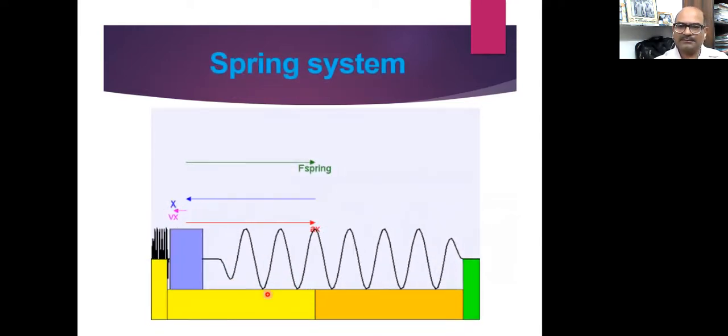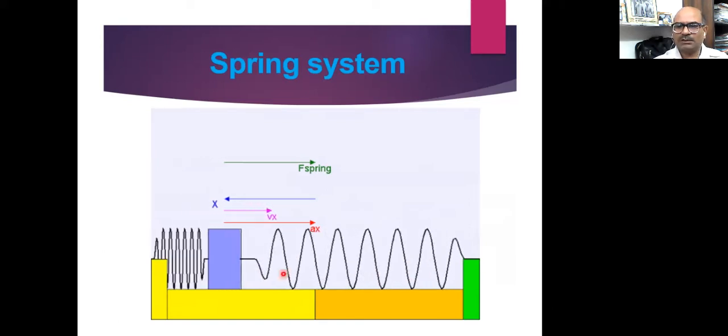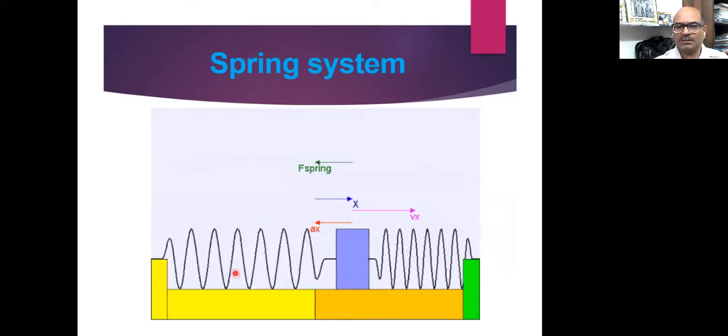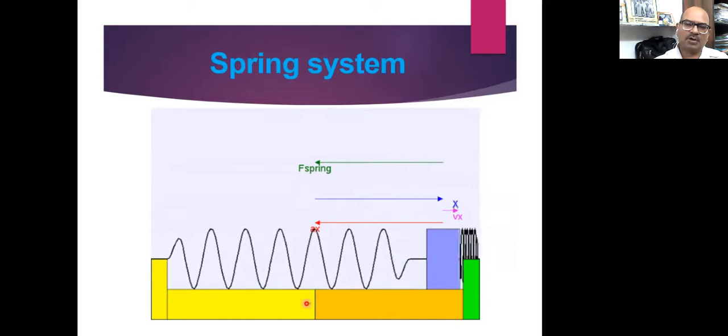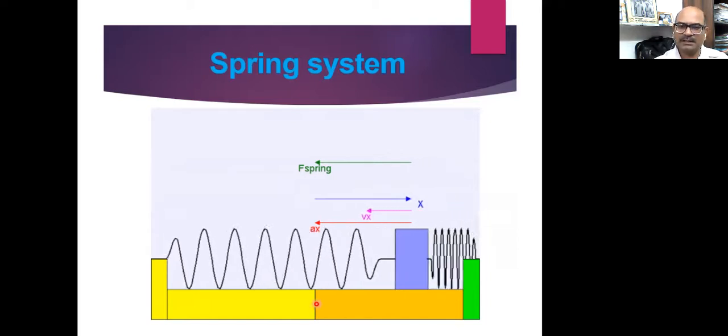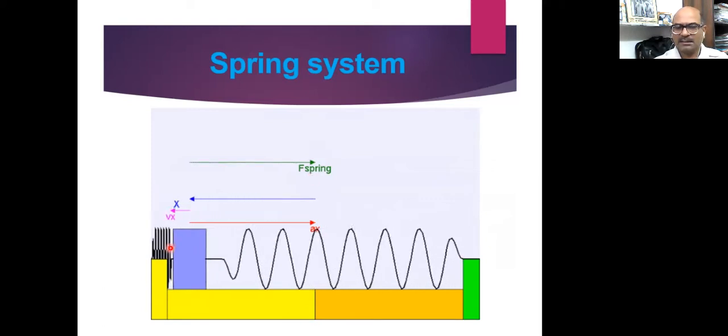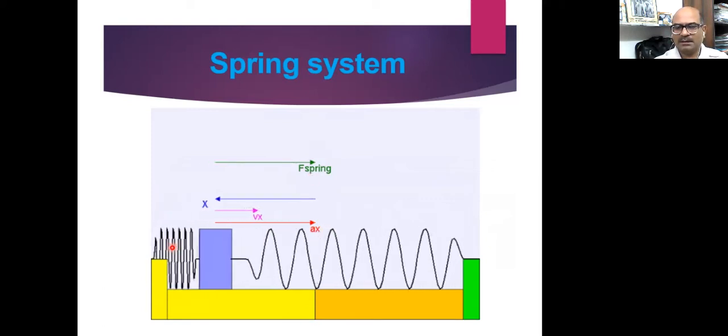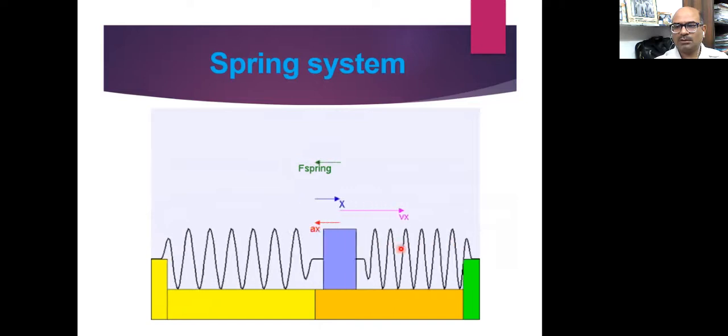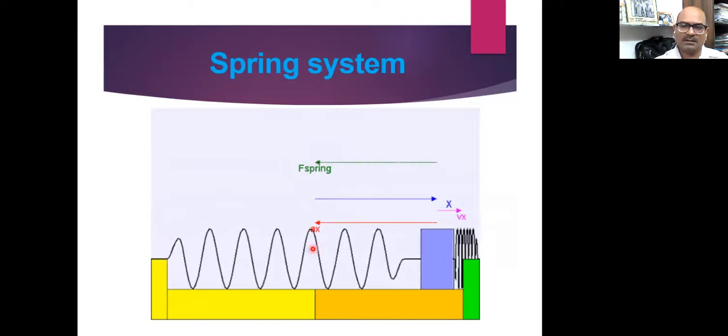If we have a spring system in the same arrangement like this, see, from both sides there are two springs and a single block is confined between them. This is the mean position, and when it is displaced, both springs are working.